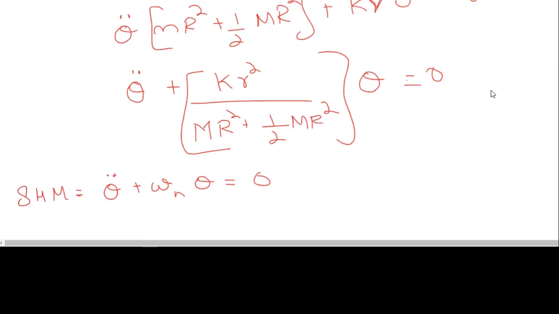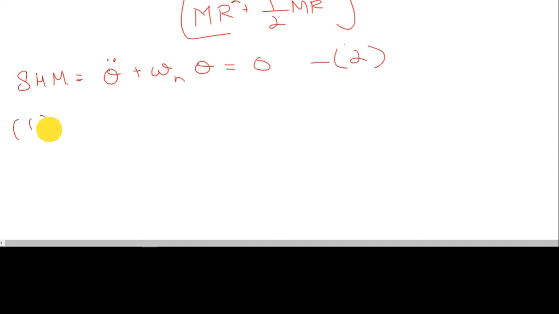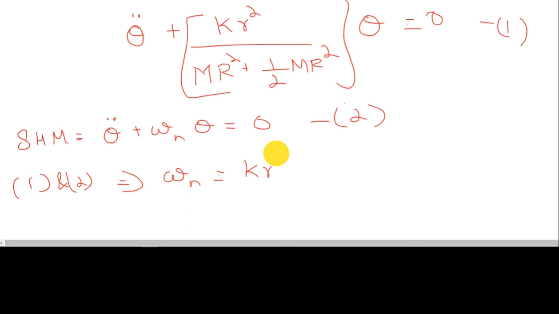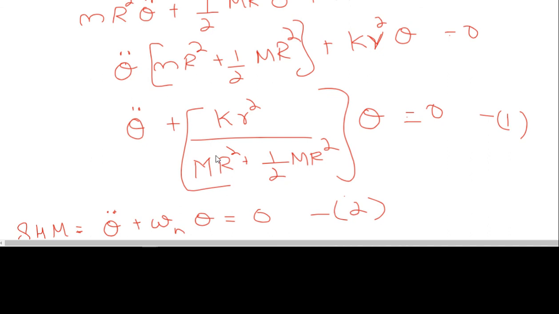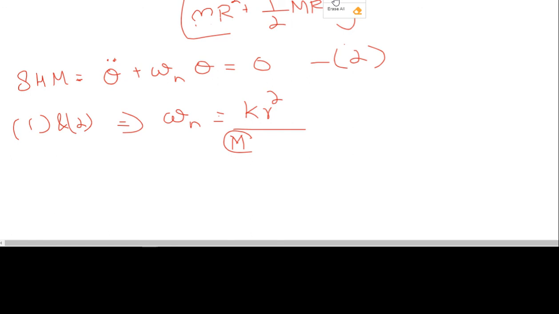So comparing this equation with the simple harmonic motion equation, we get omega n square equal to k r square divided by, okay, this is small m, sorry, I accidentally wrote capital M, m r square plus half capital M r square.